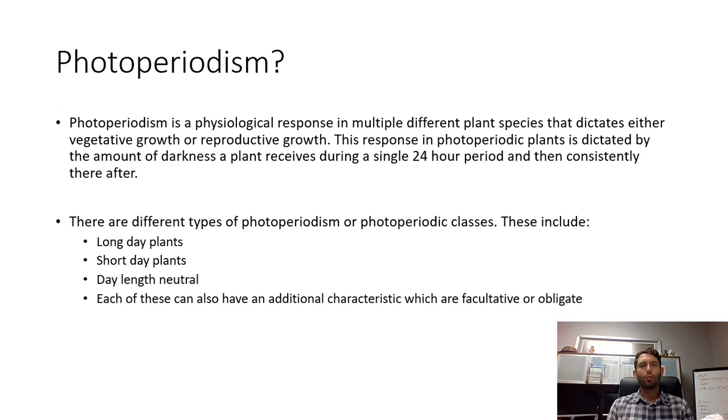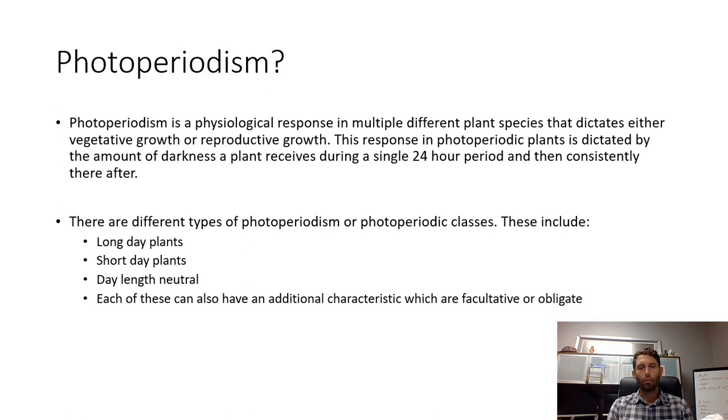That you're not subject to the length of the day. It's more of either an accumulation of growth that triggers flower development. But what we're going to focus on today is short day plants.